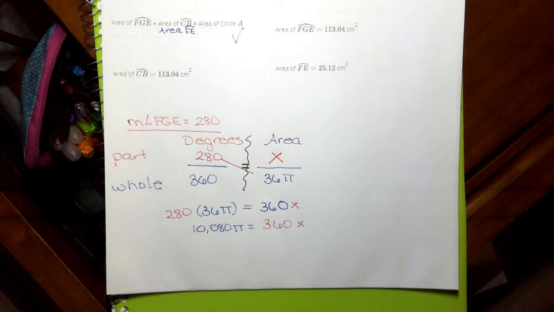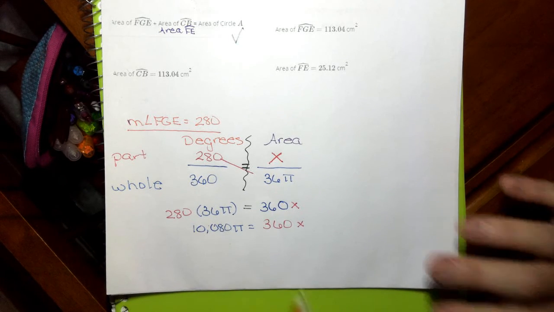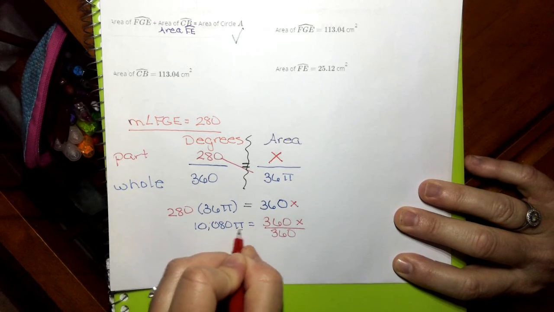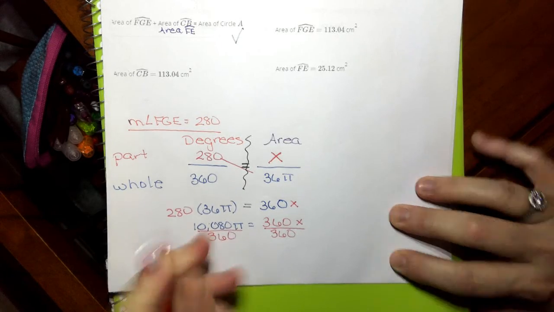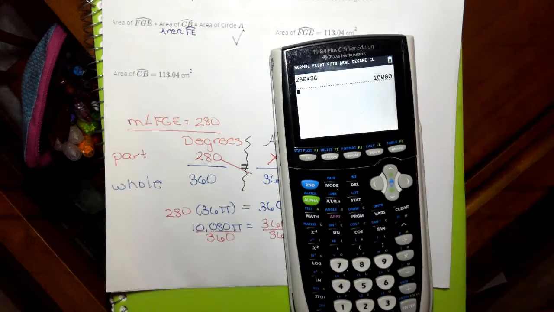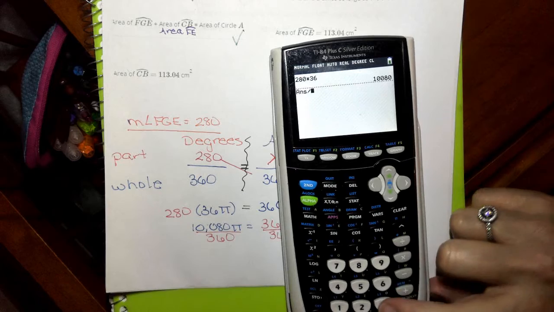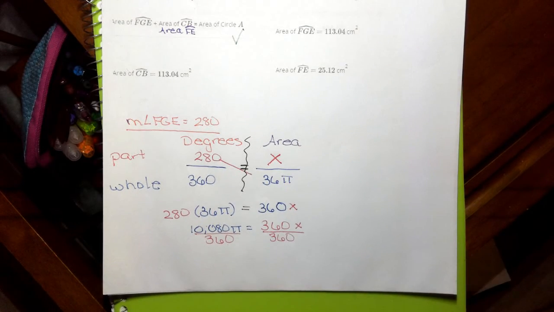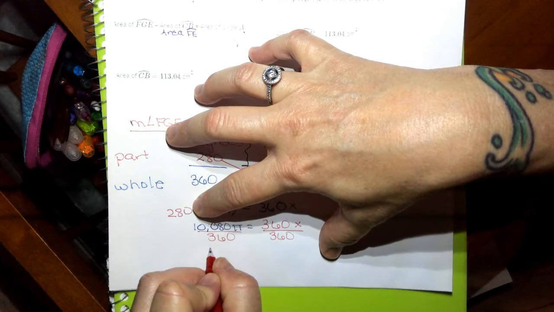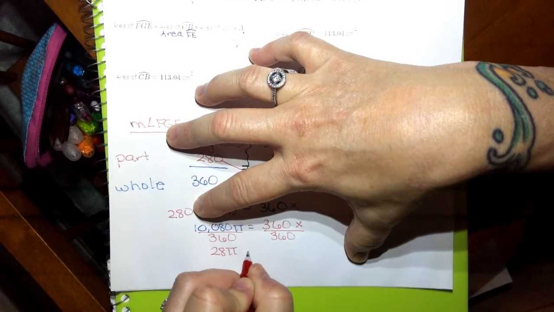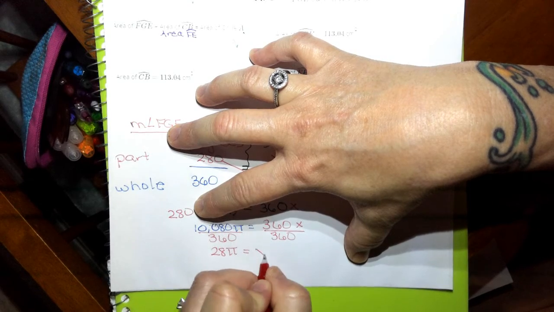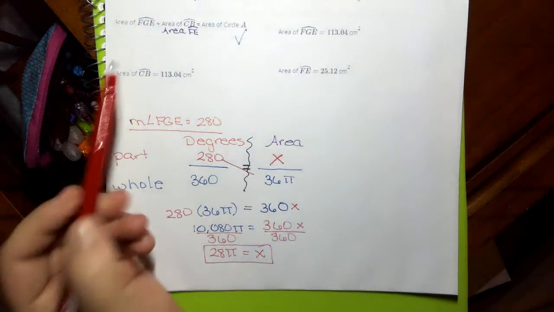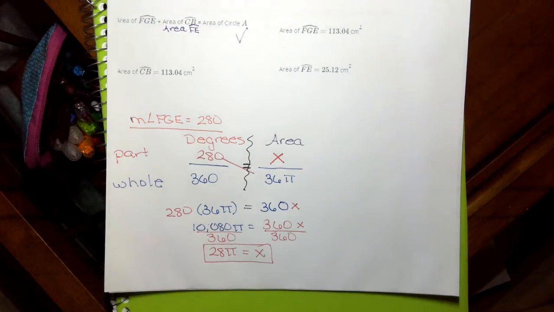Okay, so next I need to get rid of that 360. What am I going to do? Go back up here, divide by 360, and we get 28. That was nice. 28 pi equals x. So the area of this section is 28 pi.